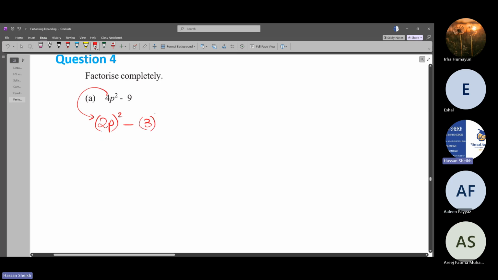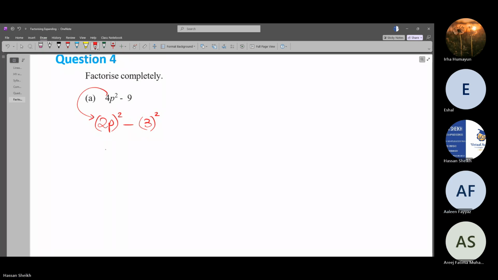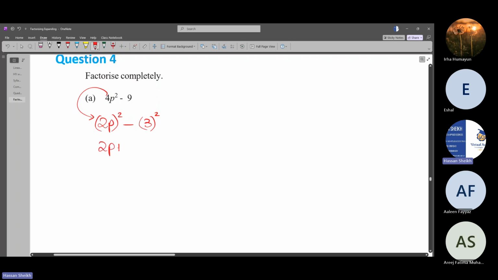Yes. And 9 could be written as 3 squared. So what do we have? a squared minus b squared here. And what is the simplification of a squared minus b squared? It's a plus b, bracket close, a minus b.